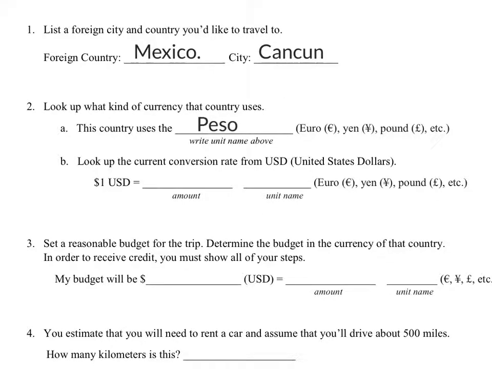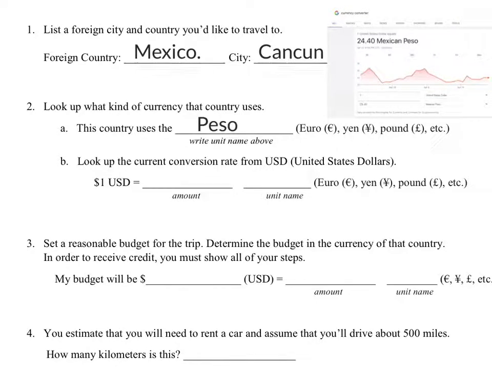All right. So look up the current conversion rate from U.S. dollars to, in this case, pesos. And you can see here in the top right where I've put my search there for the Mexican peso.